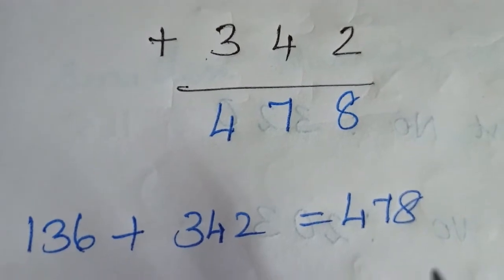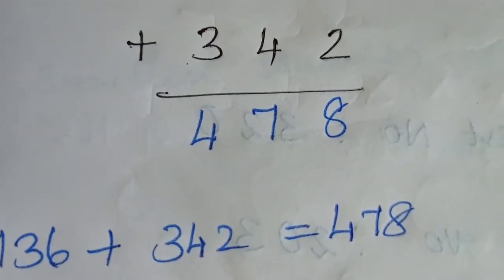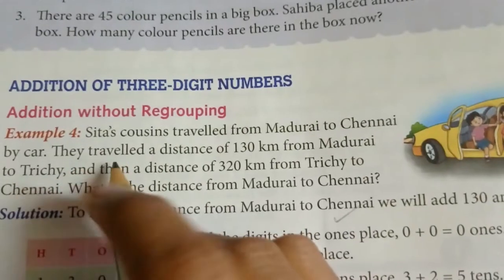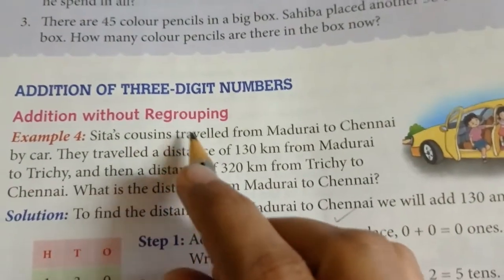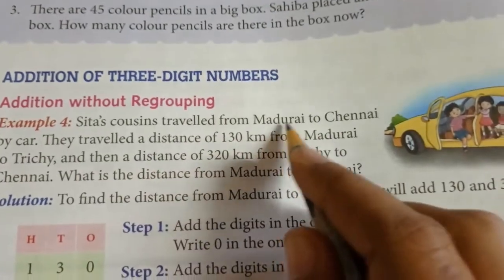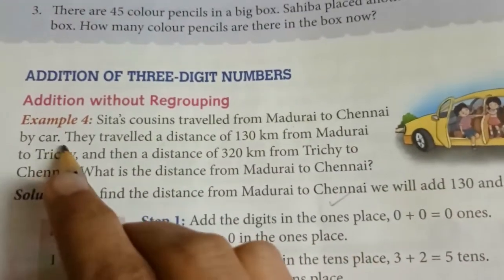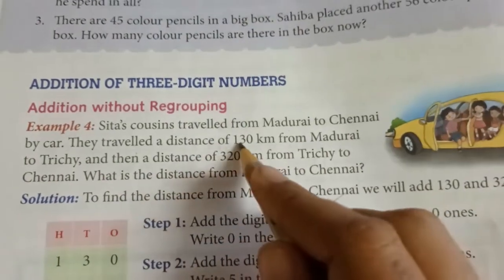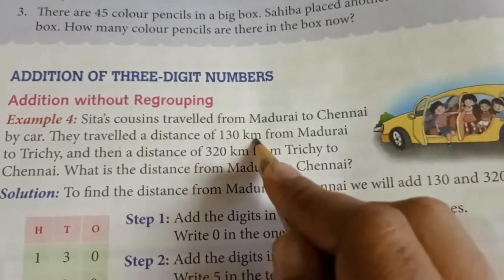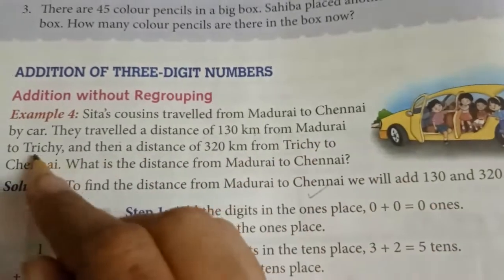Now children, let's do some word problems. Look at the example question. Sita's cousins travelled from Madurai to Chennai by car. They travelled a distance of 130 km from Madurai to Tiruchi.